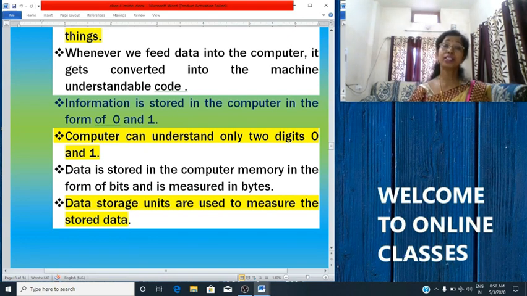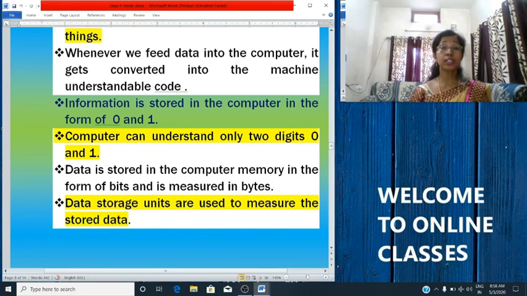What is a bit? That means a binary digit, 0 or 1. Based on these two digits 0 and 1 in different sequence, a computer stores data.